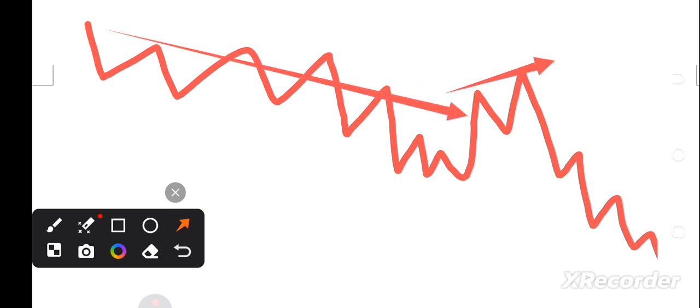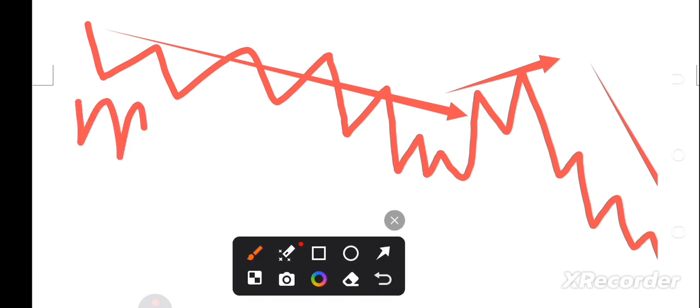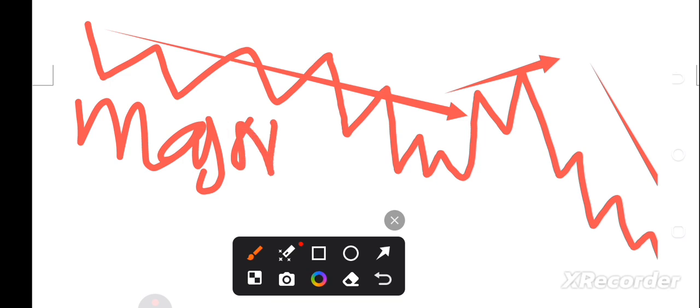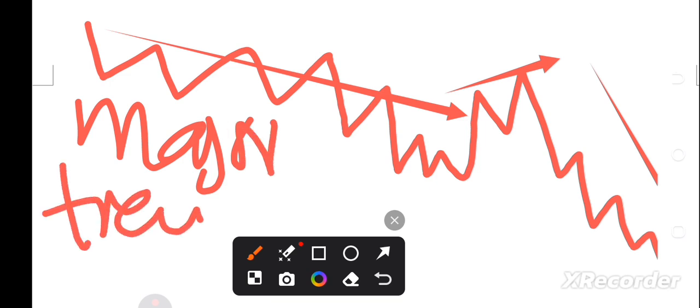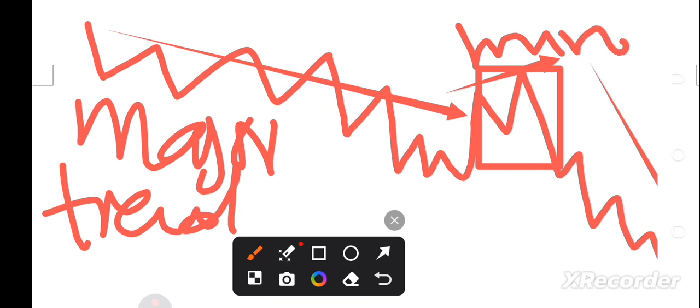This is the pullback phase, and this is the continuation of the downtrend. Are you getting it? So this is the major trend, and this is the minor trend. This is the minor trend.